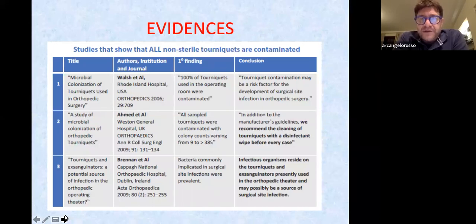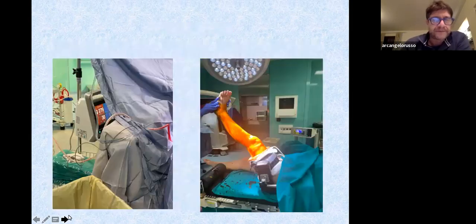And the tourniquet can harbor a resistant organism. It is present in the orthopedic theater and may be a source of surgical site infection.